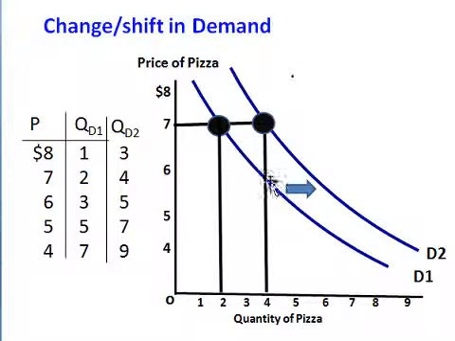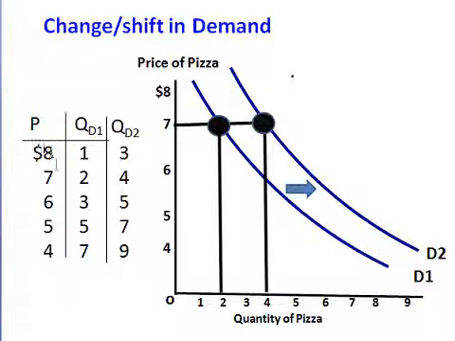As before, this side is the price of pizza and this side is the quantity of pizza, and here is the data. Suppose I talk about a particular consumer. Price is here, and this is the quantity demanded, D1 and D2.